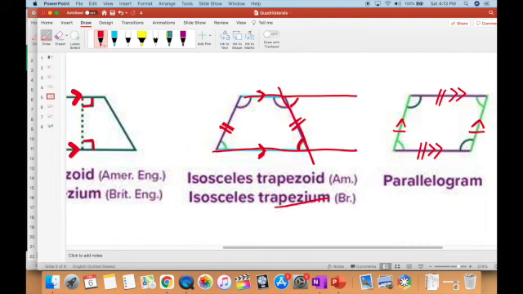You all agree with that? Yes, sir. So it's a lot of little things that you all have to pay attention to. And in this trapezium, we have these two sides parallel, and in an isosceles trapezium, those two other sides are equal.